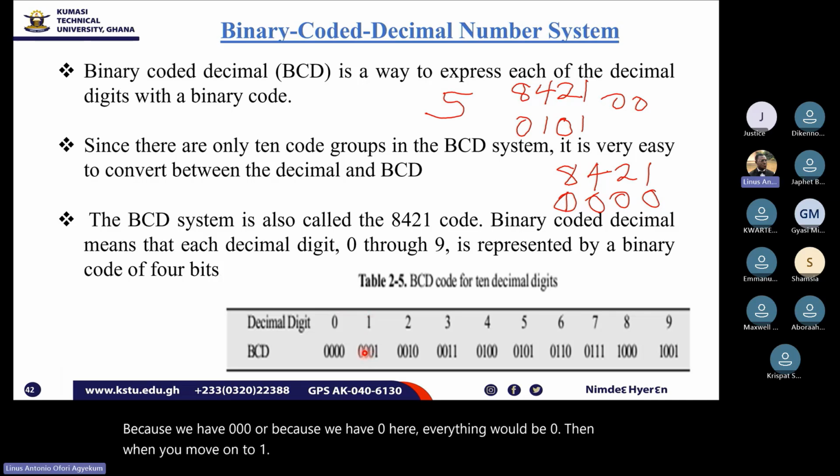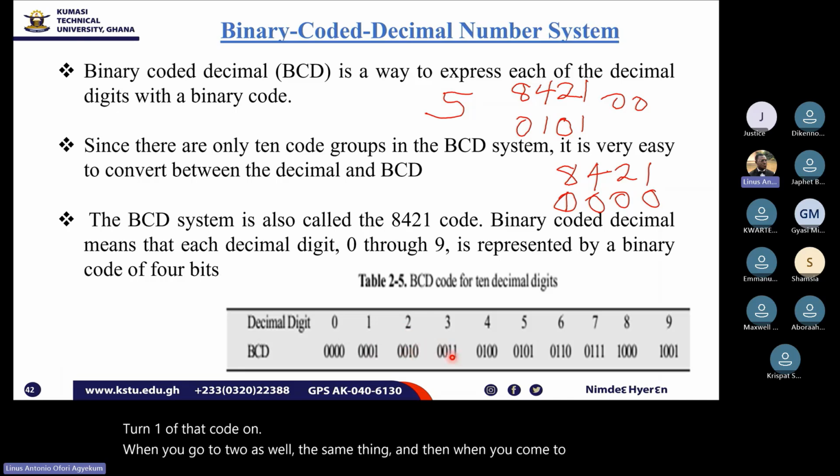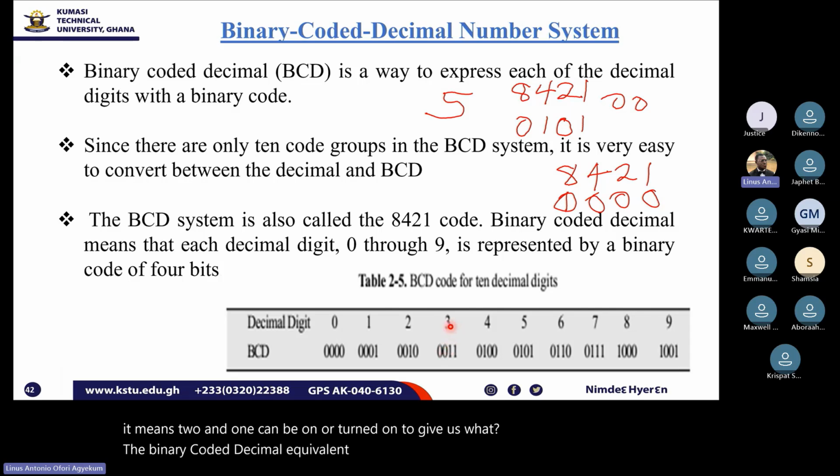Then when you move on to 1, when you look at the 8421 code, to get the equivalent of 1, we can only turn one of the bits on. When you go to 2, the same thing. And when you come to 3, it means 2 and 1 can be turned on to give us the binary coded decimal equivalent of the decimal digit.